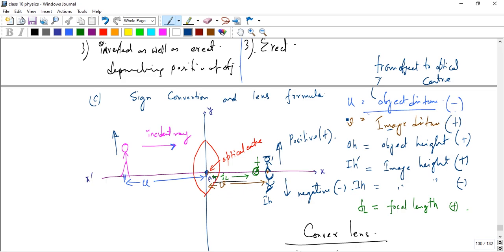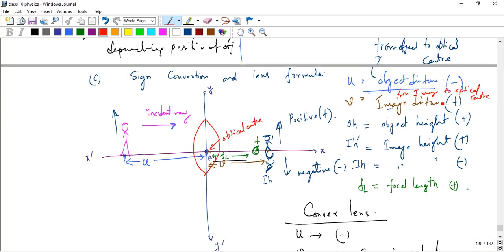Same condition here, from image to optical center. And the object height and image height lie on the Y axis. Okay, so object height is always plus Y, always positive, and as for the image height, if the image is in plus Y, if both are upright, then image and object both are positive.